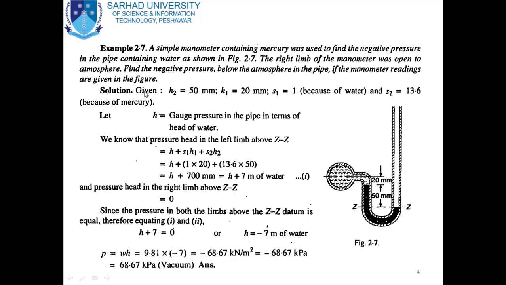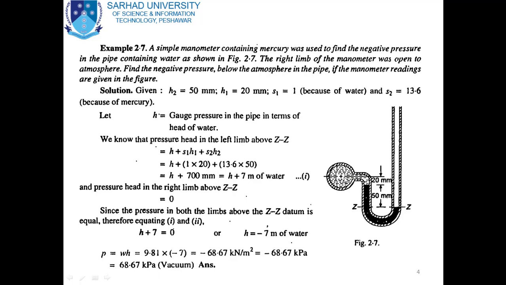Given data. In the solution we first of all write the given data. So in the given data, H2 is equal to 50 mm, which is the height of mercury. H1 is the height of water, which is 20 mm, already given as shown in the figure. Let S1 is equal to 1 because the specific gravity of water is 1 and the liquid flowing in the pipe is water.